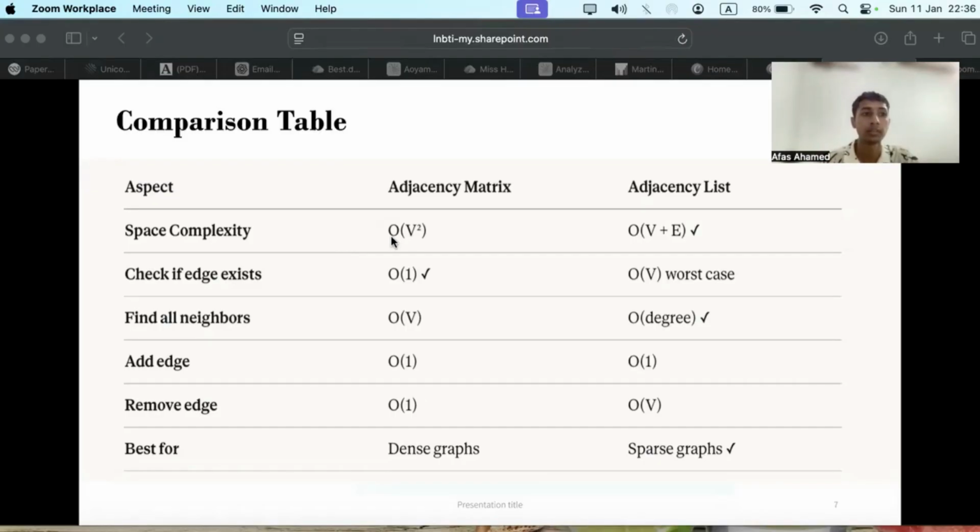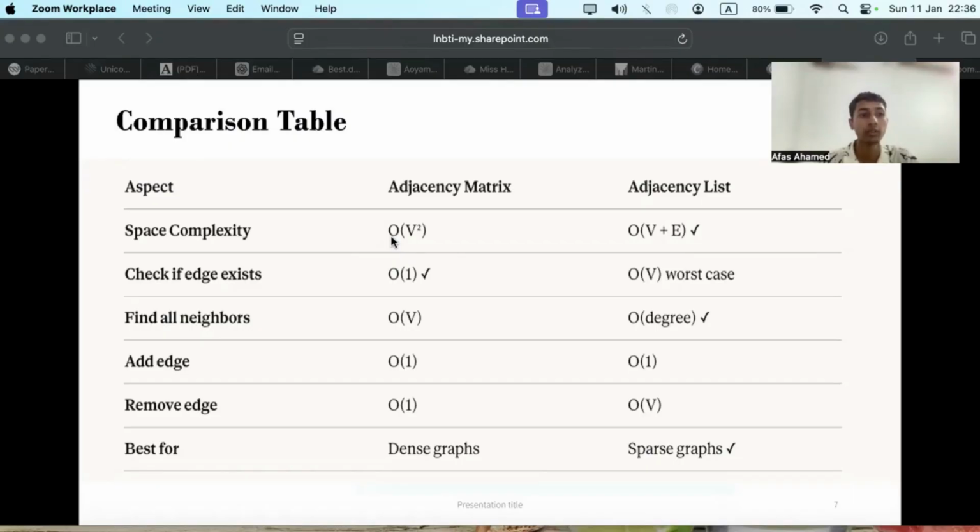The third one is finding all neighbors. In a matrix, we scan the entire row, that is big O of V. In the adjacency list, we only scan the connected nodes, so it is big O of degree, which is usually much smaller.